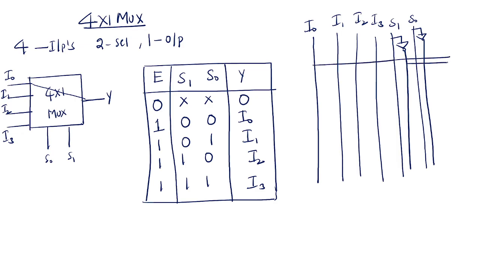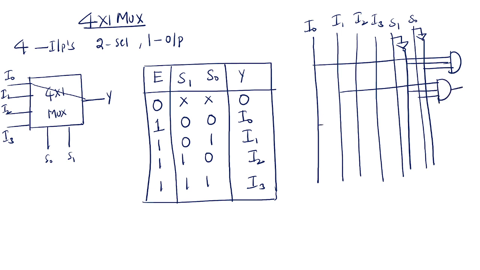I0, S1 bar, S0 bar connected with an AND gate. Okay, and for I1, 0 1 means what? S1 is 0 and S0 is 1, connected with an AND gate.